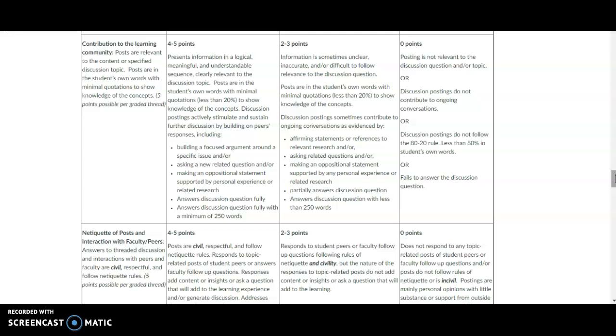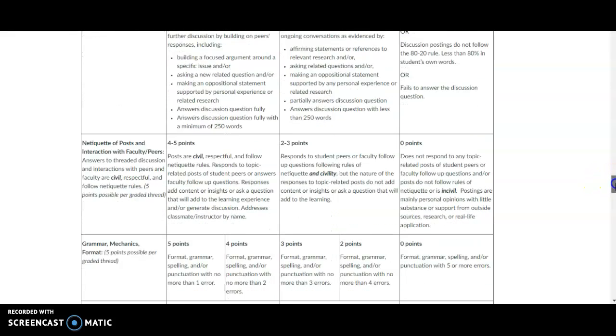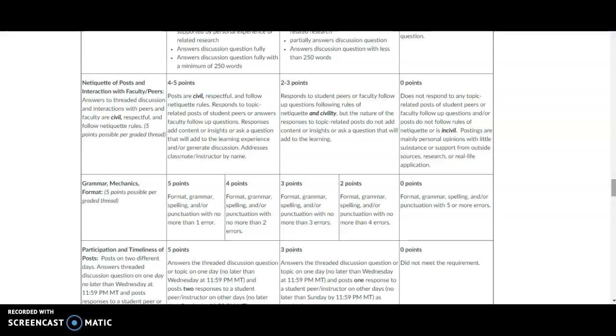That does not include the reference or citation or any part of the discussion question that was posted. So please make sure you have 250 words and make sure that you do not have more than 20% quotes, as that would result in a 0. So just double check that before you submit your assignment.